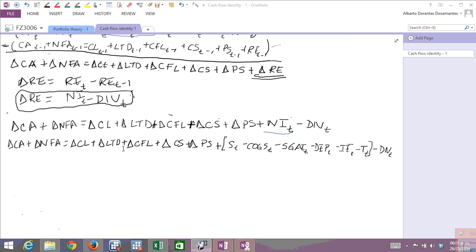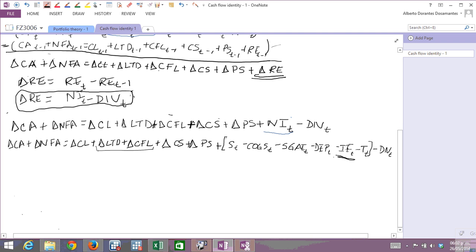Then I can start identifying those items or components. Interest expenses is one of them, and the other ones are these two: the delta in long-term debt and the delta in current financial liability.